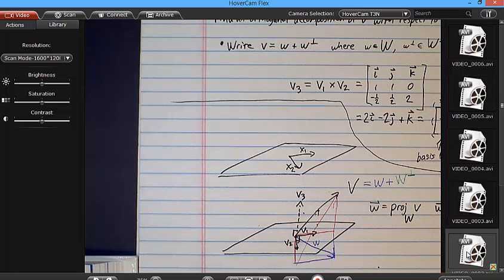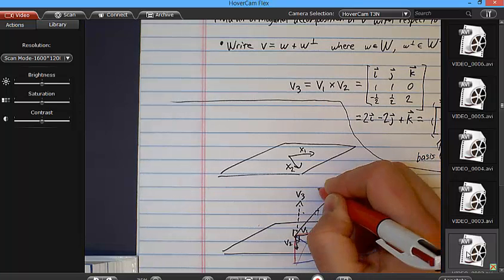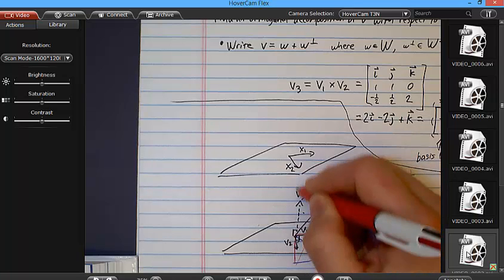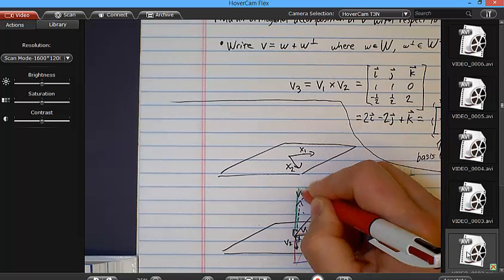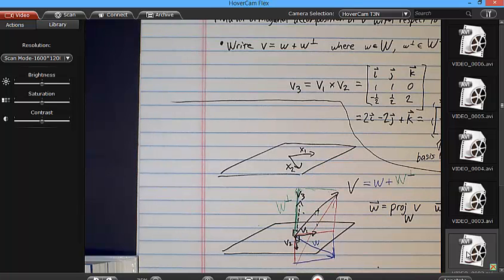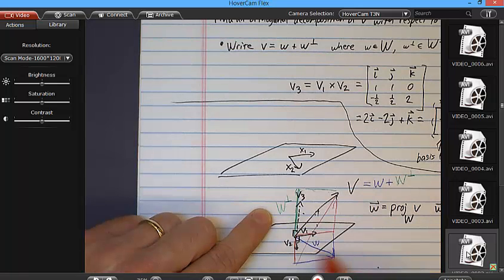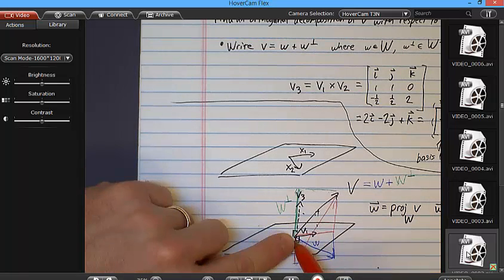And then if I project onto V3, that's really this one. This is W perp. And sure enough, you can see now that if I add W and W perp as vectors, I get V. Okay?